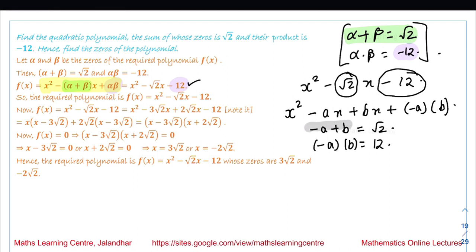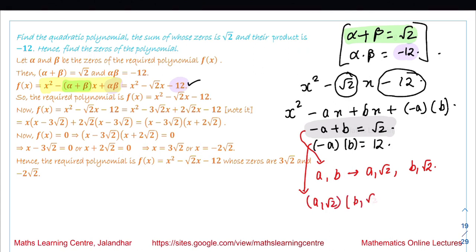If we look at this value over here, a plus b should be equal to root 2. It means both these a and b should be of some form, say a1 root 2 and b1 root 2. So if we substitute this value, we get a1 root 2 into b1 root 2.